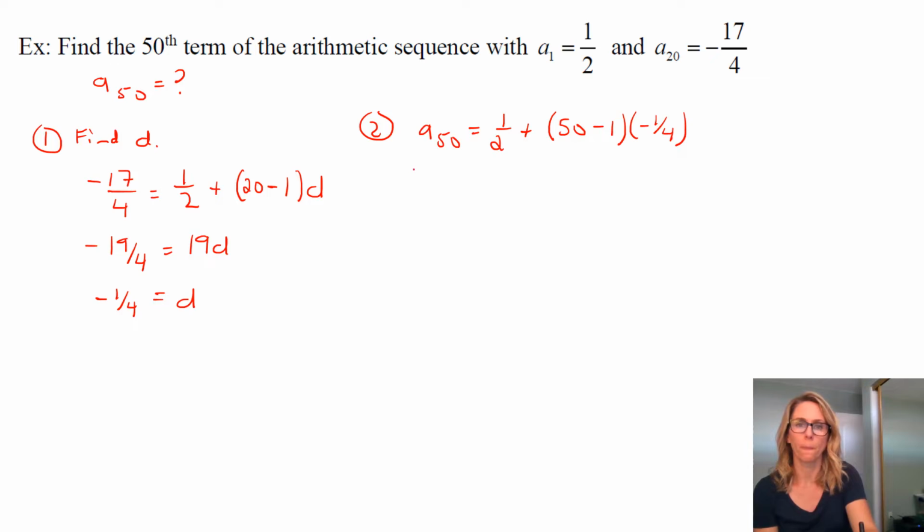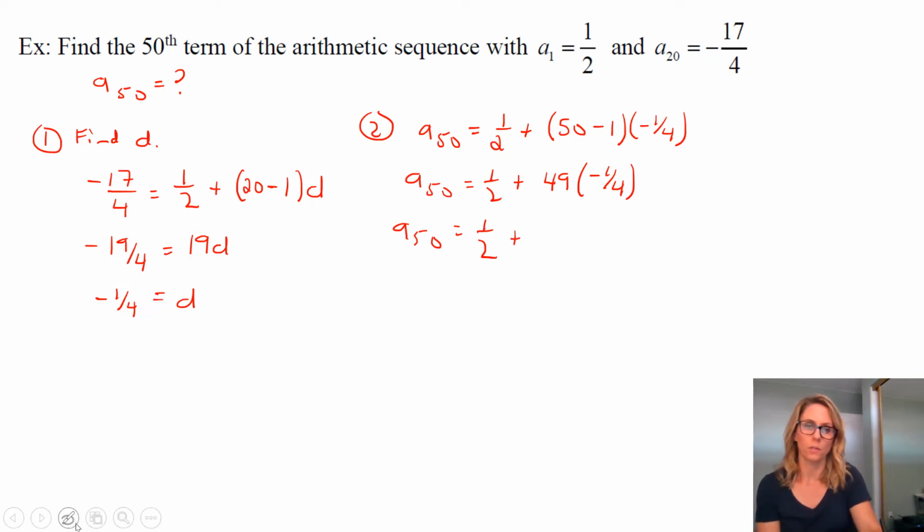That's what we should be thinking about, that we keep adding this negative 1/4. So we'll have a sub 50 equals 1/2 plus, and we have 49 times a negative 1/4. All right, let's see what happens here. Get some fraction action. So 1/2 plus, and then actually I'm just subtracting it, so I might as well just write that now since I have a negative 1/4.